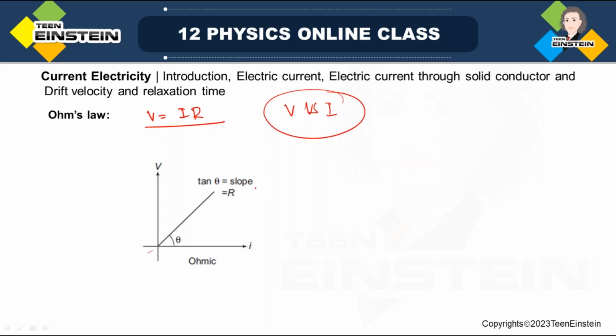So current and voltage have a linear relationship.